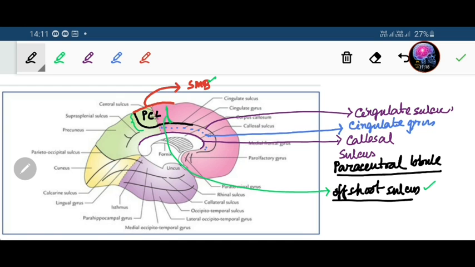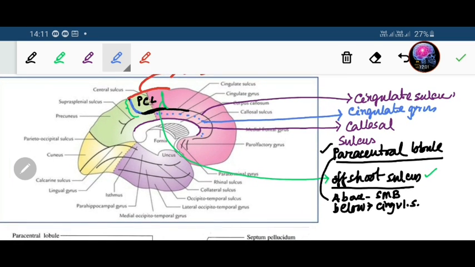It is bounded above by the superomedial border, below by the cingulate sulcus, posteriorly by the upturned posterior end of the cingulate sulcus, and anteriorly it is bound by an offshoot sulcus.